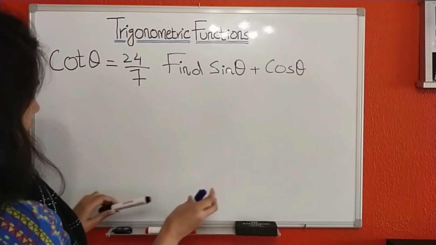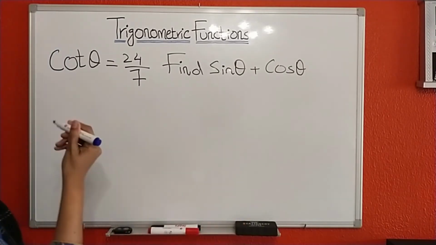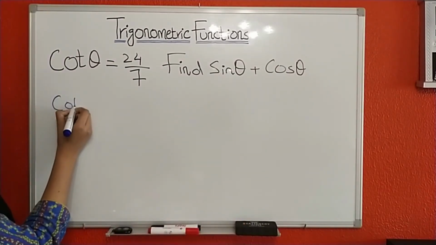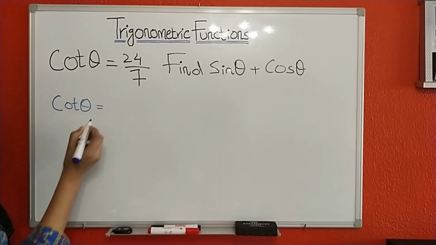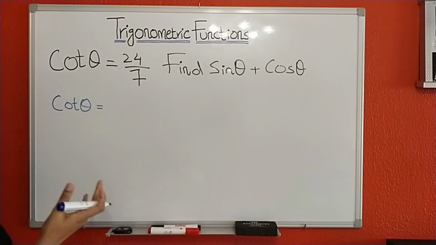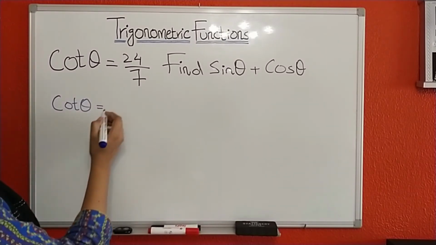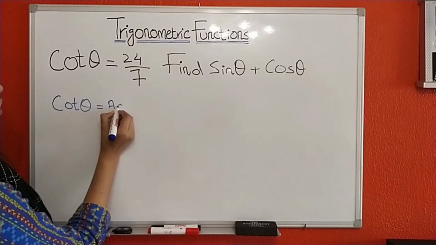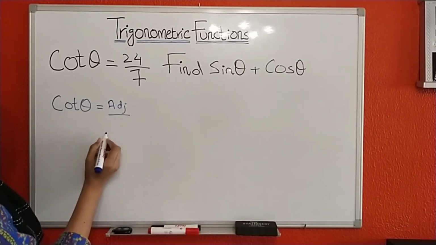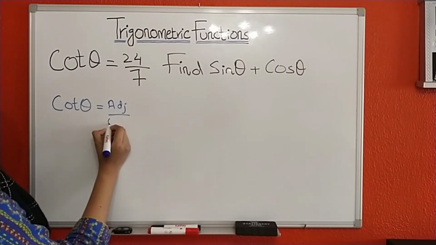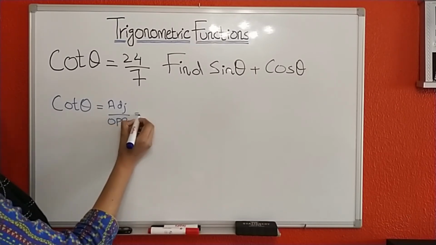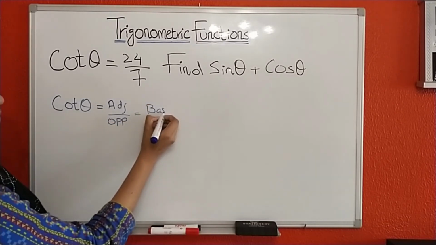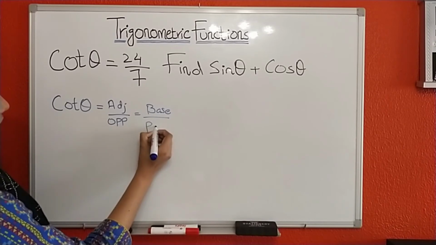So first I am writing the formula of cot theta. The formula of cot theta, which is the inverse of tan theta, is base or adjacent upon opposite, means base upon perpendicular.